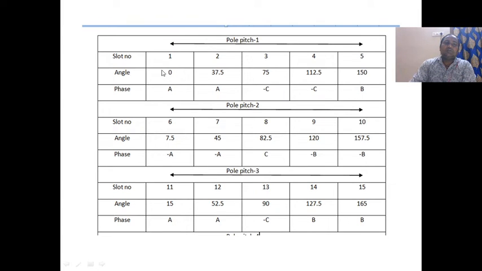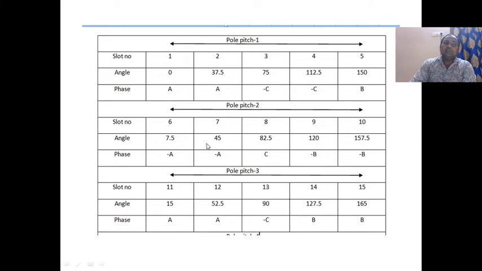The slot angle is 37.5. 0 plus 37.5 is 37.5. 37.5 plus 37.5 is 75. 75 plus 37.5 is 112.5. 112.5 plus 37.5 is 150. The pole pitch is finished. 150 plus 37.5 is 187.5, which will exceed the pole pitch, so there is no need to go on. The winding procedure for slot numbers 1 to 5 is located in 1 to 5 only.